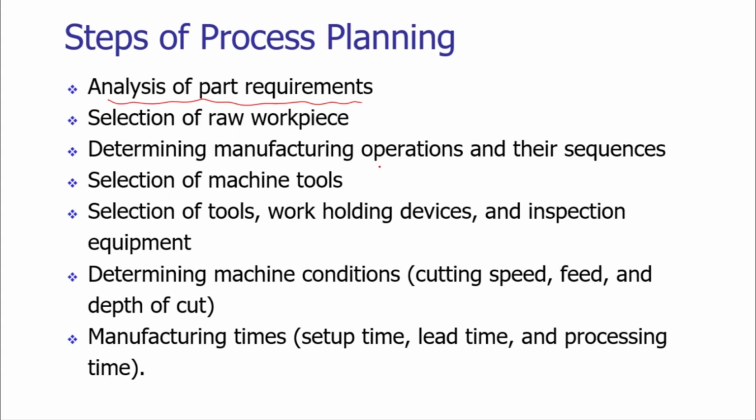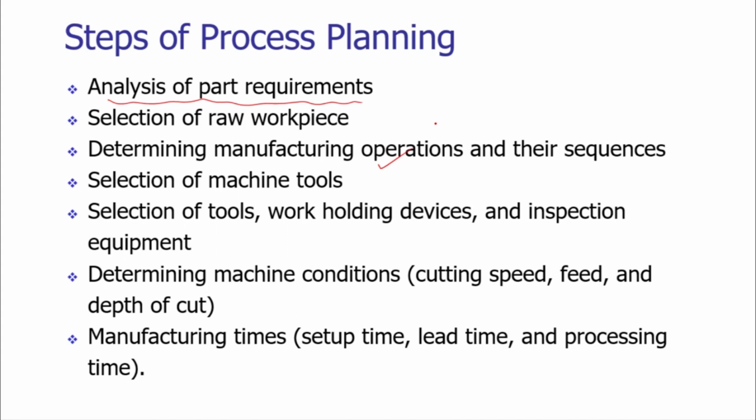After that, we need to determine the manufacturing operations and their sequences. Here the actual skill and knowledge is required. The team has to put in their efforts and all their experience to select the proper manufacturing operation. The same product or part may be produced by a variety of manufacturing operations, and the team has to look at the variety of options and choose the best one.